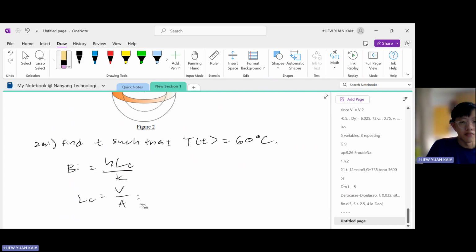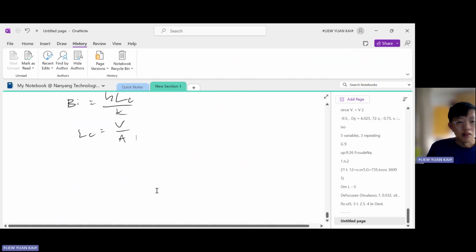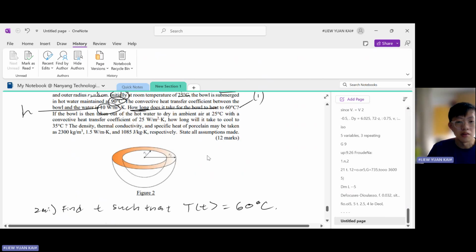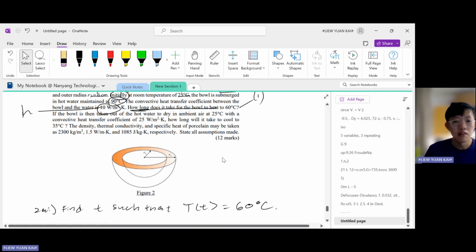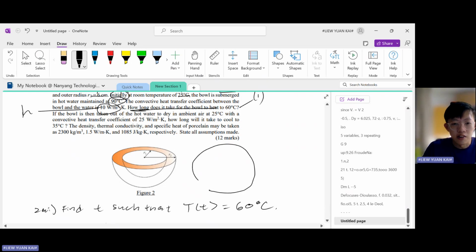So let's calculate the volume and the area. To get the volume, how do we examine this? This is a secondary school geometry problem. For those who struggle with geometry, this is how I think of it. First, you start out with a large sphere of radius R2.